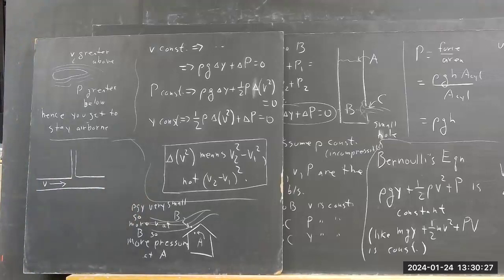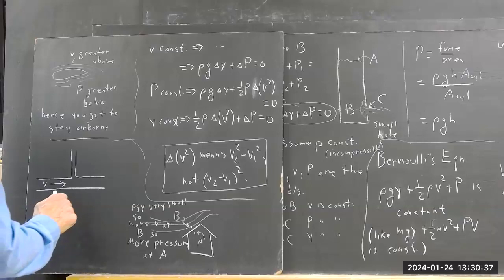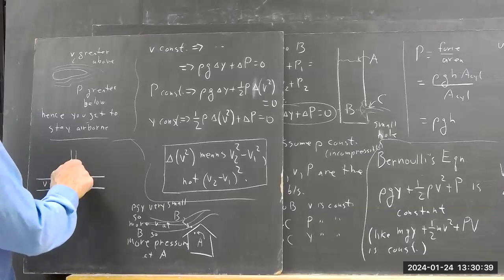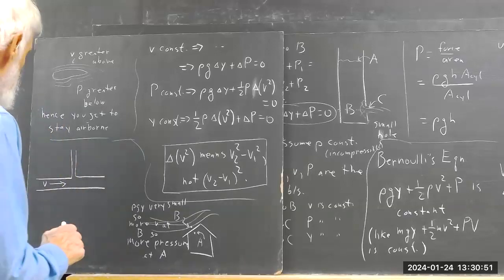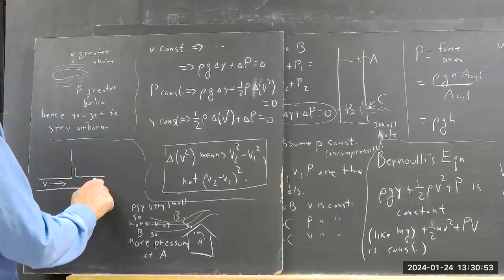You've got a pipe, and you've got water flowing in the pipe. This is open to the air. Maybe it's easier if we just think of two points inside the pipe.